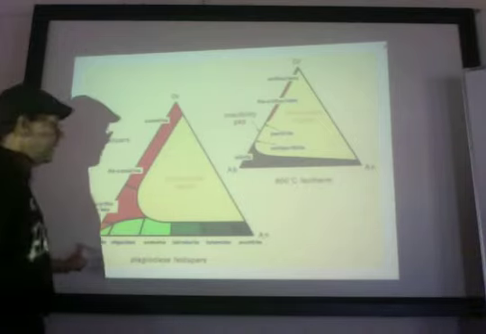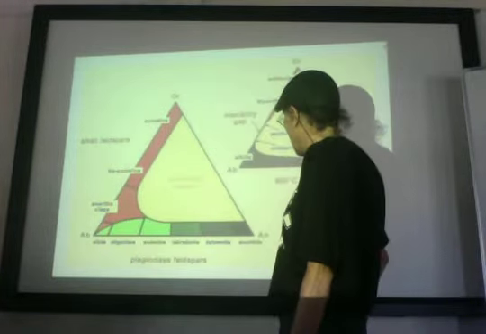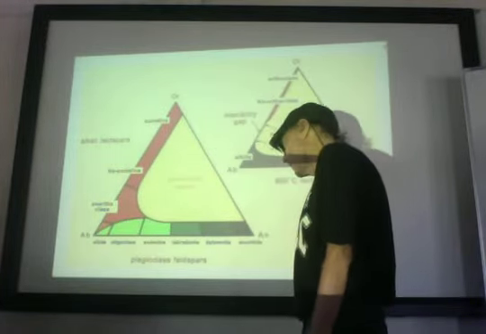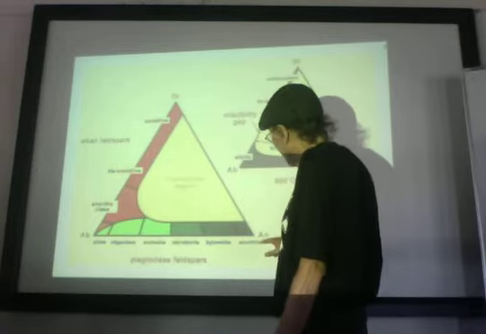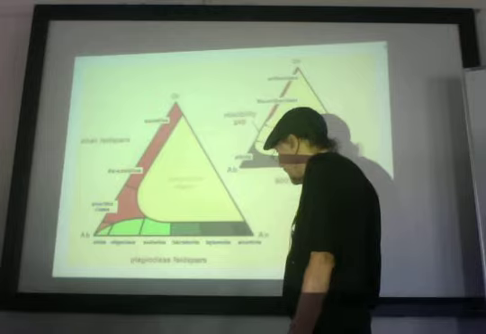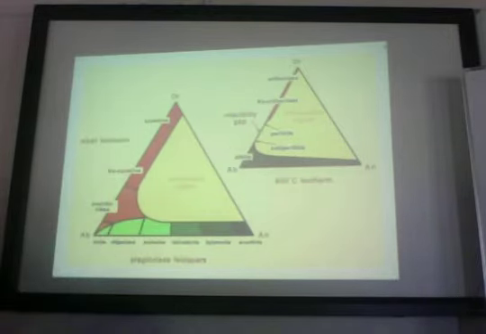The plagioclases can be subdivided. If it is a calcium pure plagioclase, we are talking about an anorthite. If it is a sodium rich plagioclase, we are talking about an albite.